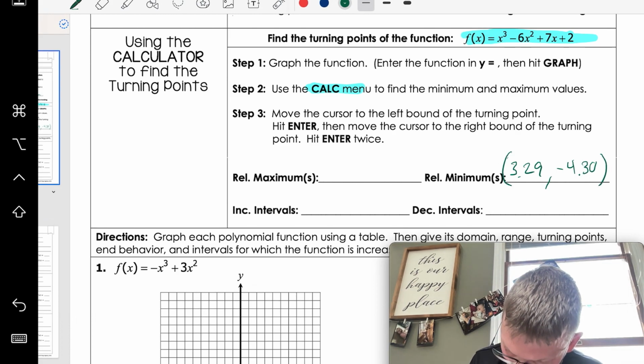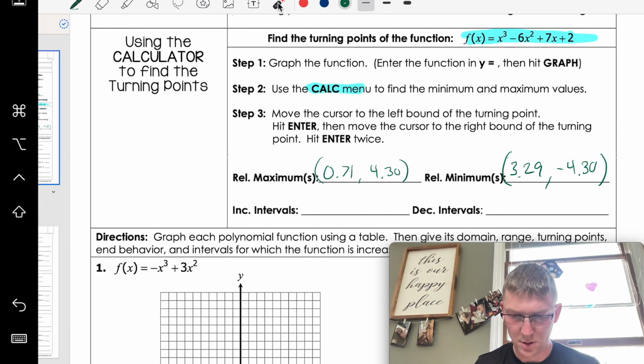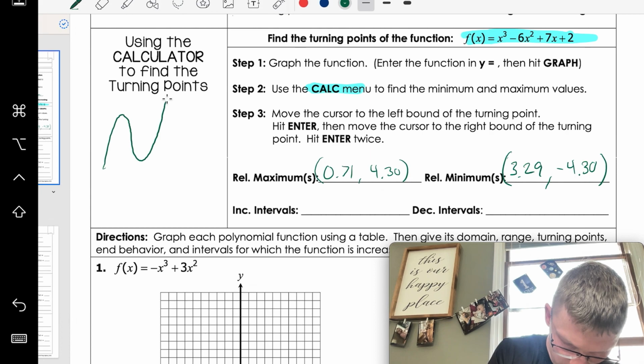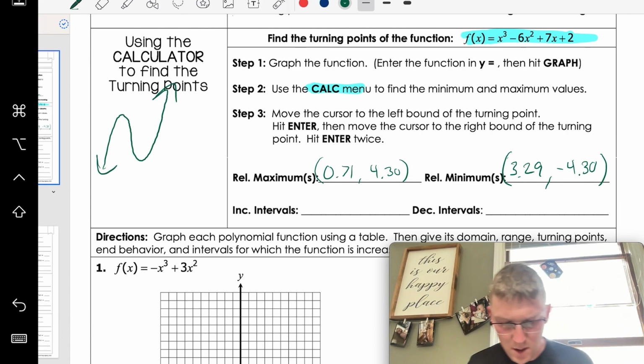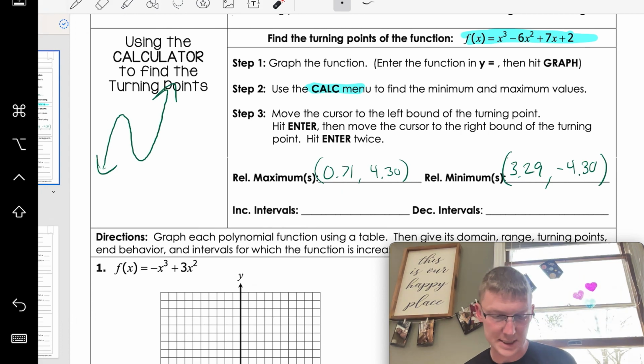And remember, that's a point, the point where our relative minimum is on our graph. Okay, we've got our relative maximum and our relative minimum, and our graph kind of looks like that. From there, we can give more precise intervals for increasing and decreasing.